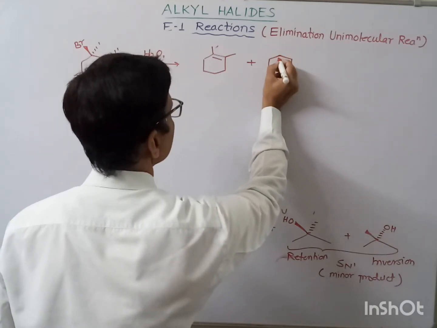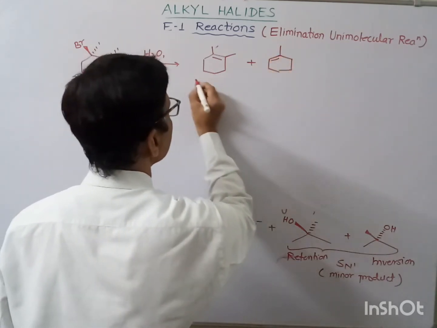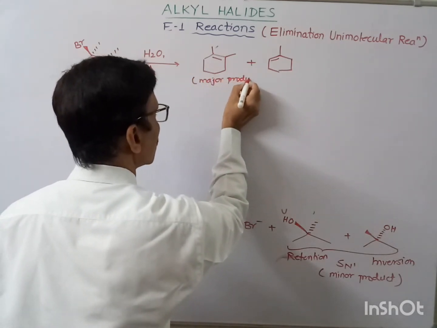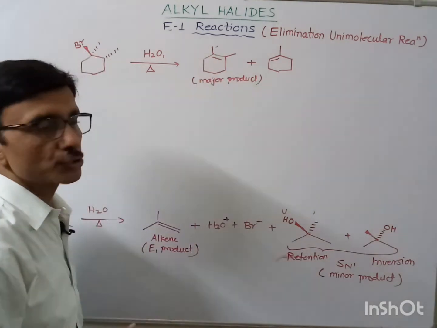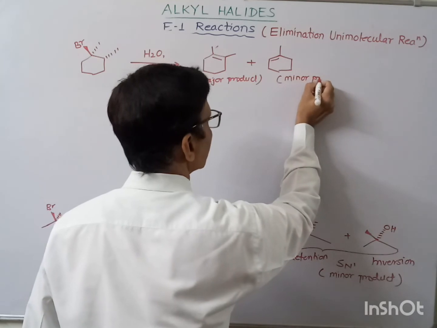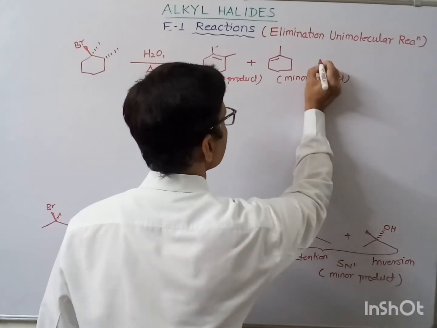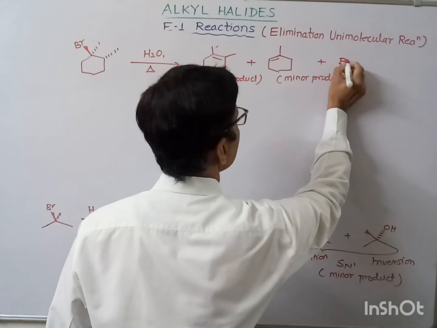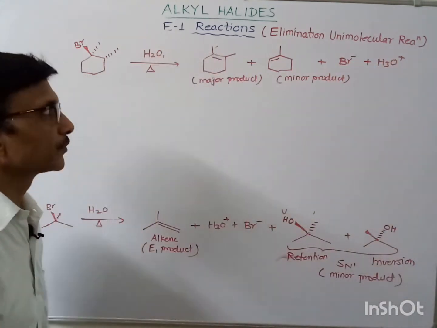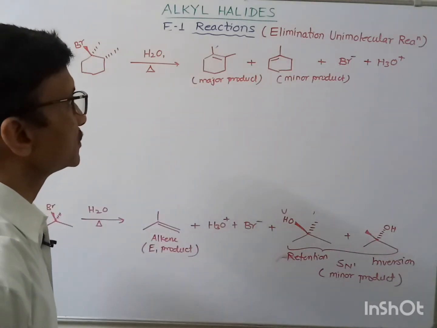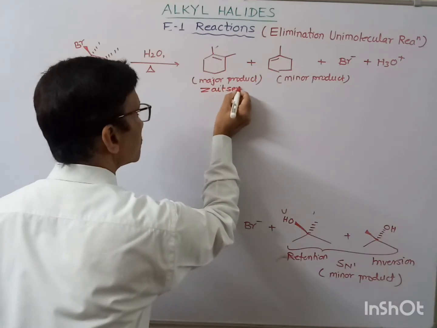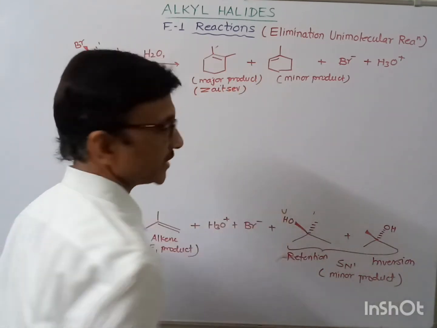This is the major product, the most substituted, tetra substituted product, and this is our minor product, plus bromide ion and H3O plus. So this is the Zaitsev product, the major product here, and this is the non-Zaitsev product.